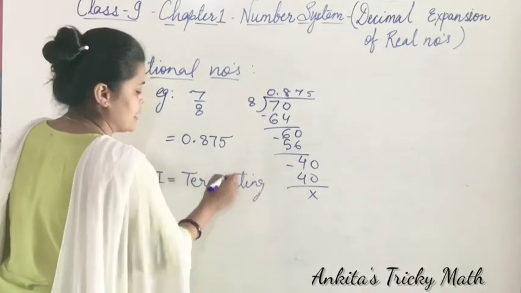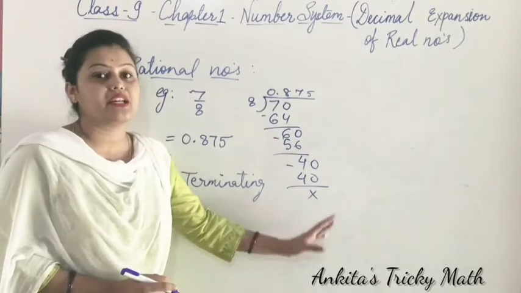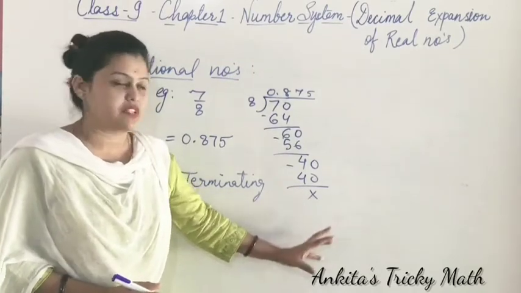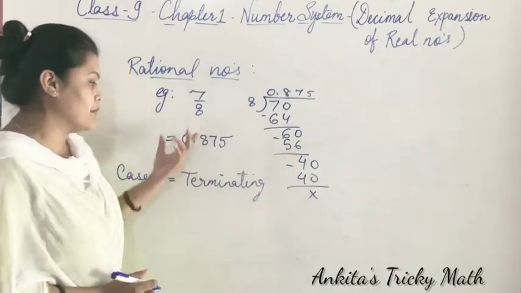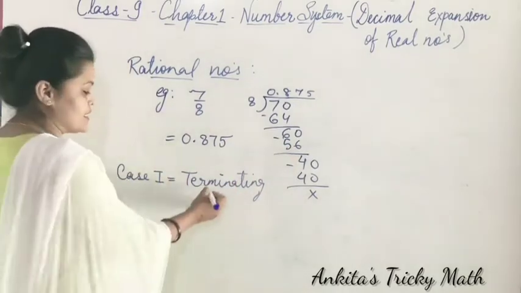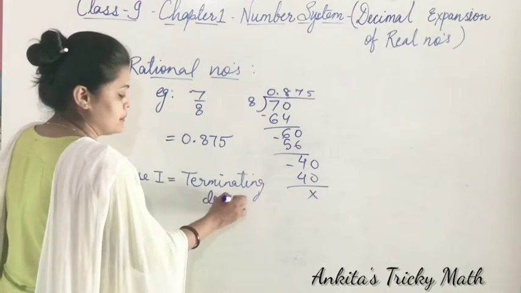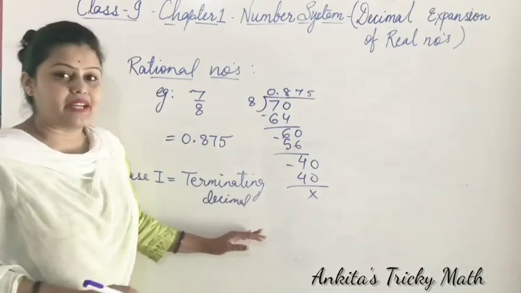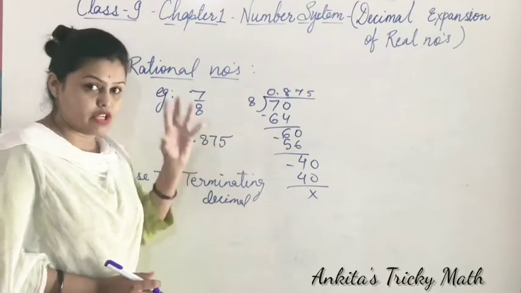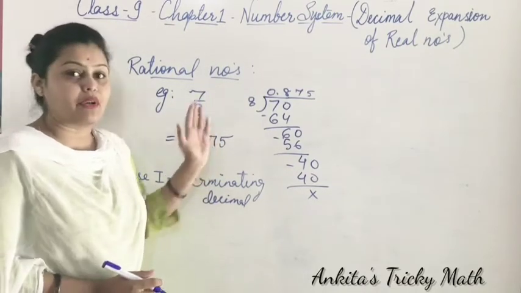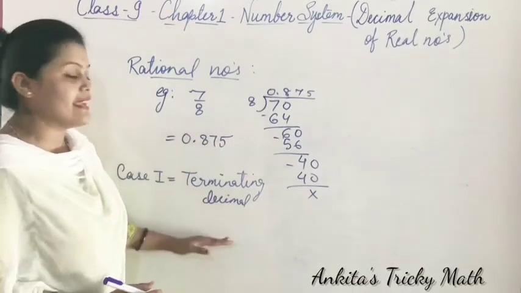What is terminating? The remainder comes 0 at a point. While dividing, when the remainder is 0, that decimal is known as a terminating decimal. It ends and we get a particular number without repeating. So this was case 1.